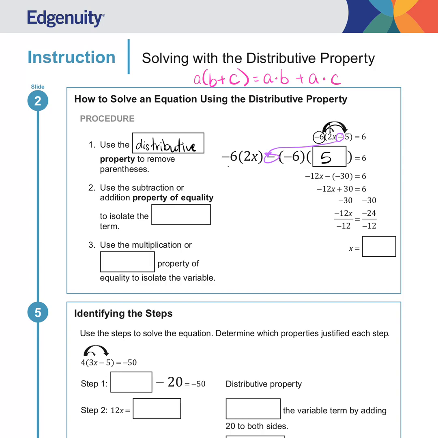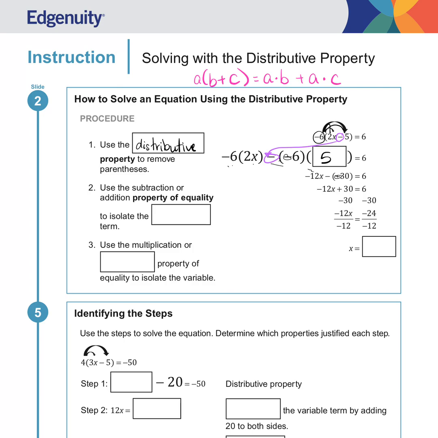Okay, so we have our negative 6 times 2. So there's only one negative, so my negative stays. And then 6 times 2 is going to be 12. Then I'm going to multiply negative 6 times 5, which again, only one negative. So it's going to be negative 30, and I'm going to move that.